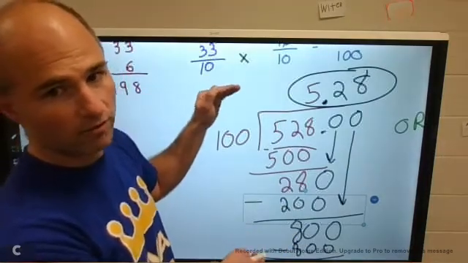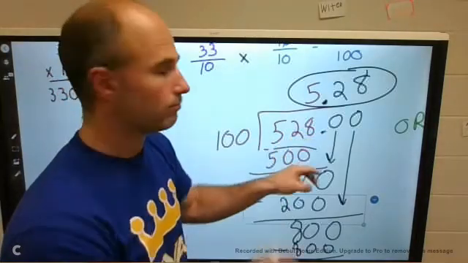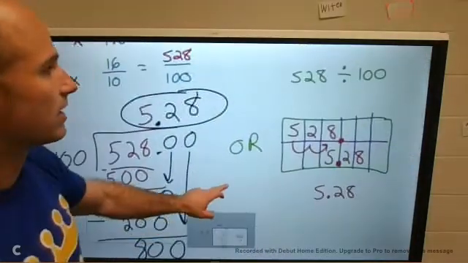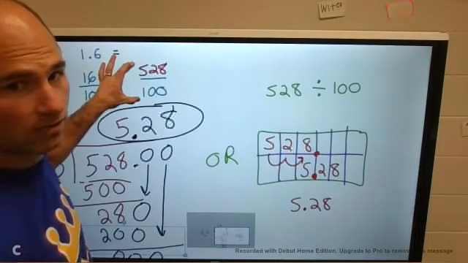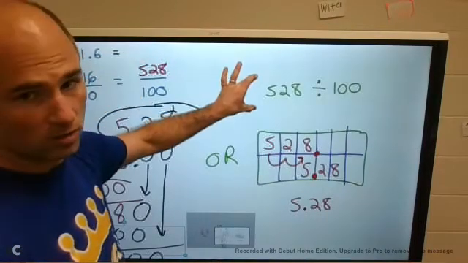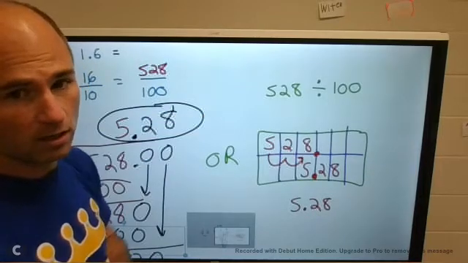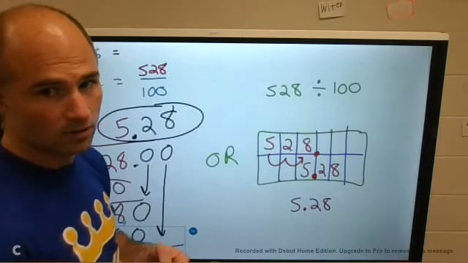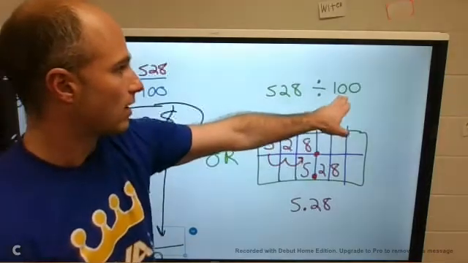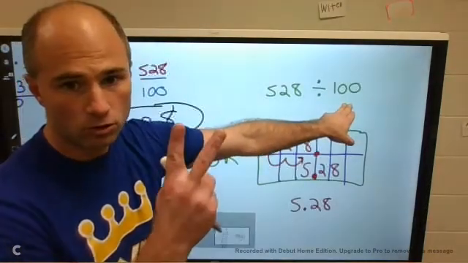Now, that's this strategy. But I have a feeling a lot of you would rather do it the other way. The other way is turning this fraction into a division expression of 528 divided by 100, and then just shifting. How many shifts are there? 2.